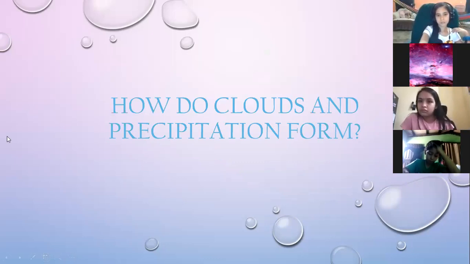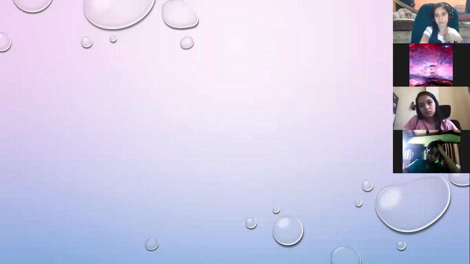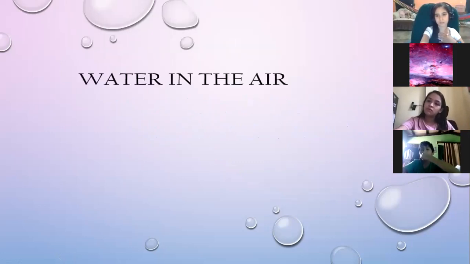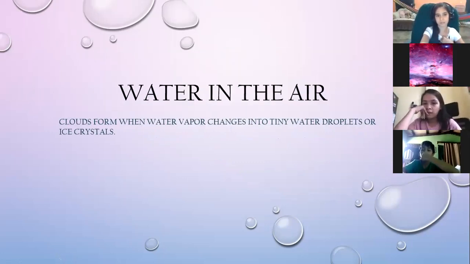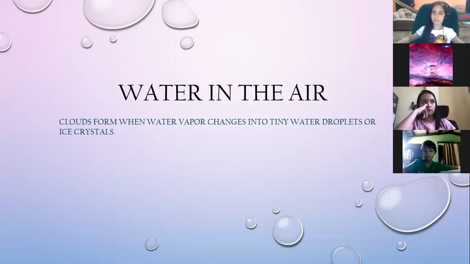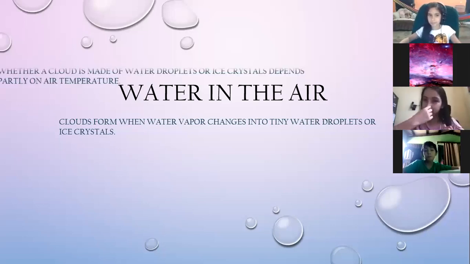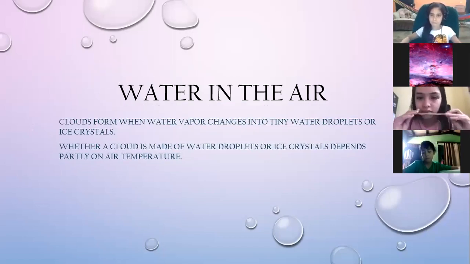Okay, thank you, Roland. How do clouds and precipitation form? One way is to see the water in the air. As you see, clouds form when water vapor changes into tiny water droplets or ice crystals.